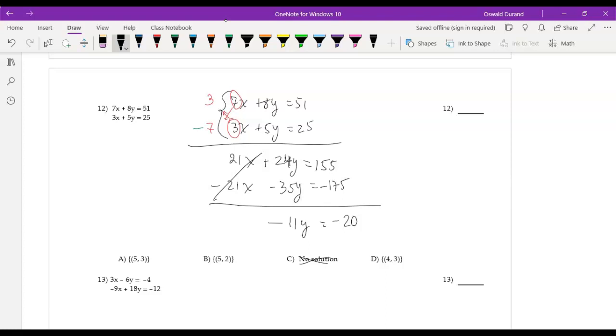I'm not quite sure what's going on. They probably made a typo or something of that sort, because I got everything lined up properly. But anyway, let's move on.